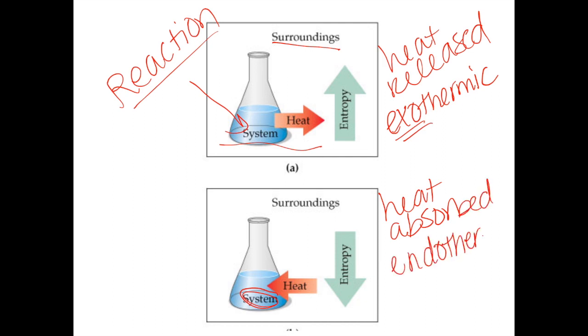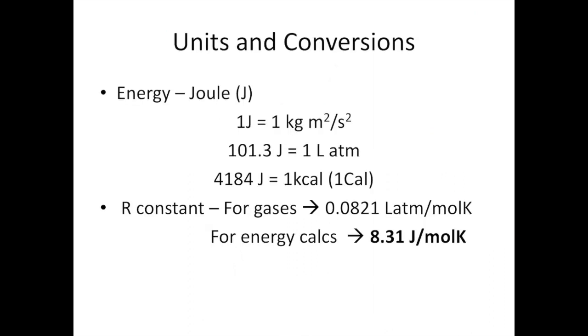So if you try to heat up some water and you put your kettle on the stove and don't turn your stove on, your water's not going to boil. You need to add heat in order for that to happen. So your surroundings need to provide heat to your system. Okay. System, surroundings.